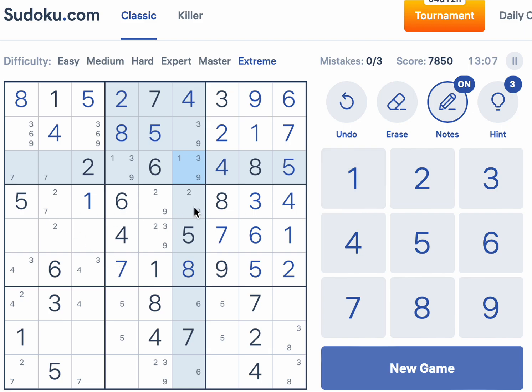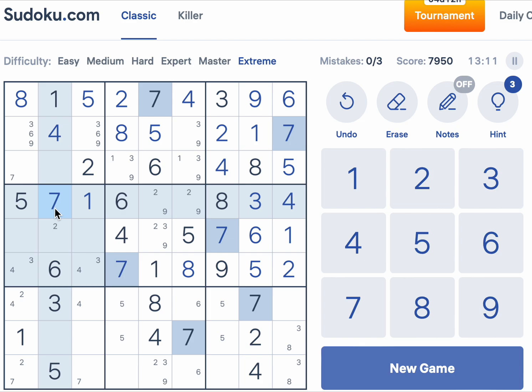Okay, for this row, we have 2 9 to 9 pairs, meaning this cell must be 7. So as a result, for this row, this is the only available spot for 7. And for this block, this is the only available spot for 7. Now we solved all the 7s.